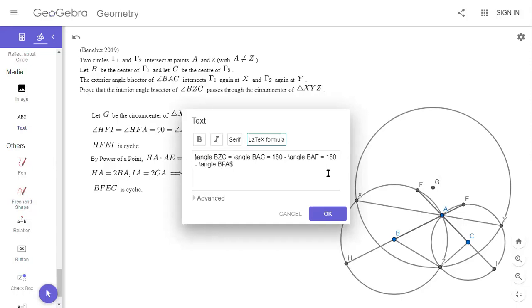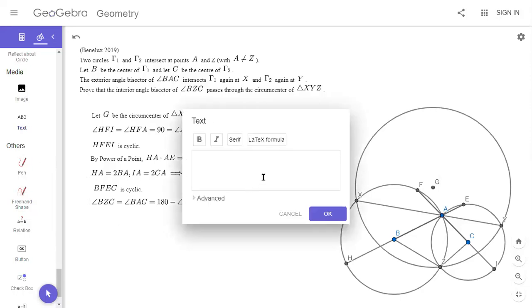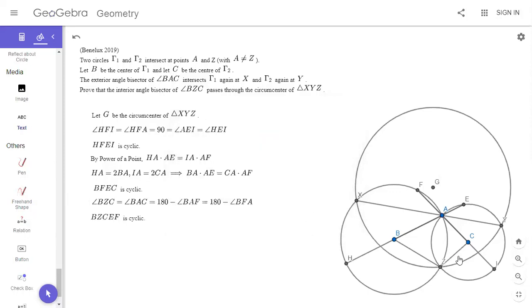And so basically that means BZCF is also cyclic. So that means that BZCEF is cyclic. That's because BZC plus BFC is 180.